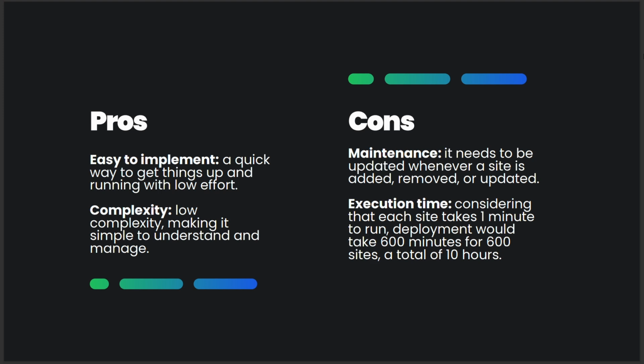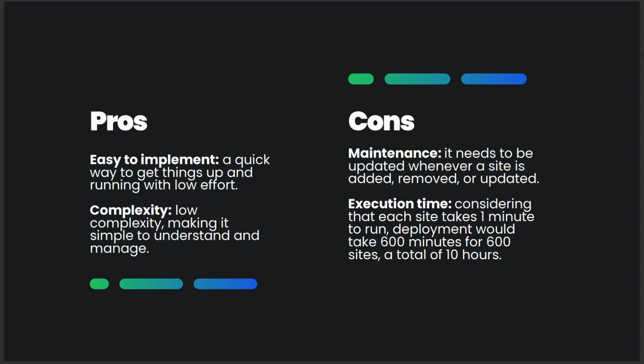Also the execution time, because like I said, 600 sites would take 10 hours to finish if each drush deploy command takes 1 minute. But of course, this is very easy to implement, very quick, with complexity as low as it can be.